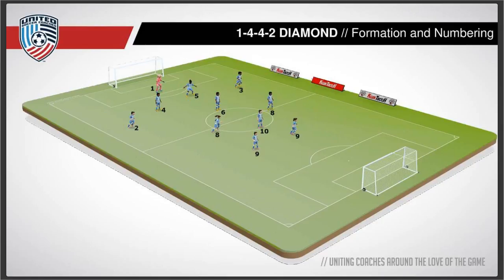But what was unusual or unique about his interpretation of the central midfield was the involvement of 2 number 8s and the number 10 playing very narrow in the central midfield, creating a diamond, with the number 6 providing the base of the diamond. And then as numbered here, the 2 number 9s essentially providing the same functionality.